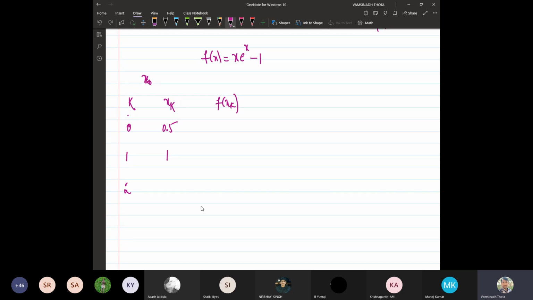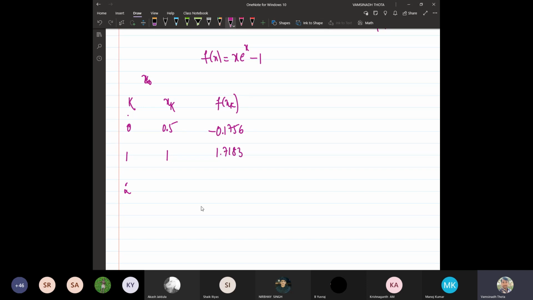And f at 0.5 is minus 0.1756, and f at 1 is 1.7183.